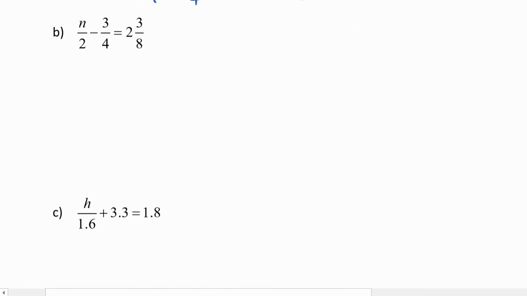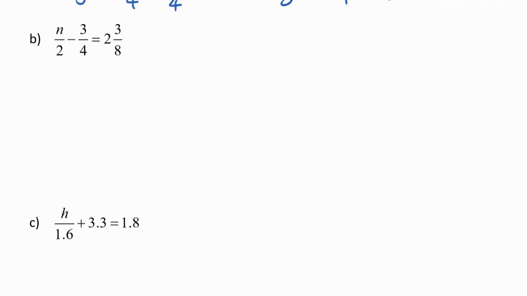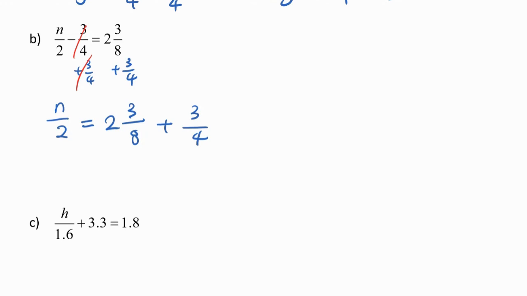Next, isolate n. To isolate n, we have to isolate the term with n. But to do that, we're adding 3 over 4. Then this will be cancelled. I get n over 2 equals 3 over 8 plus 3 over 4.